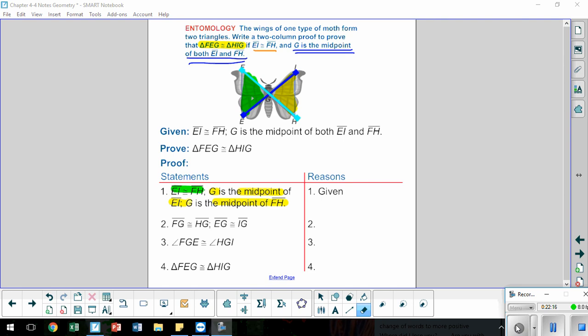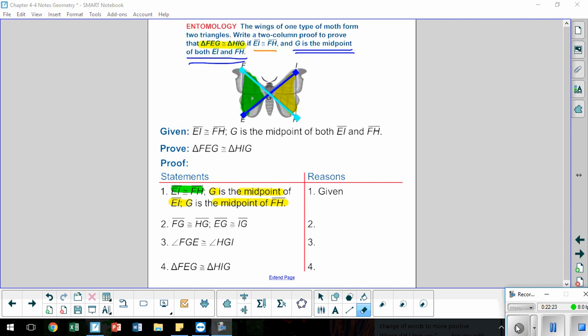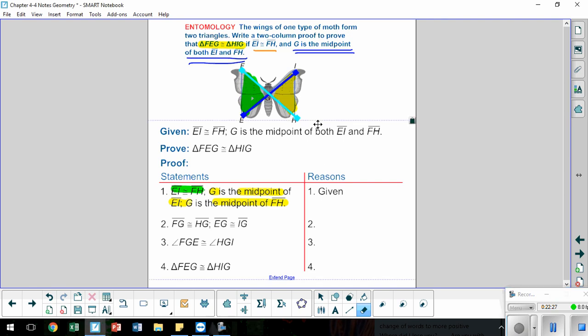the blue line? So the blue line is right here. That'll help. This line right here, get it?